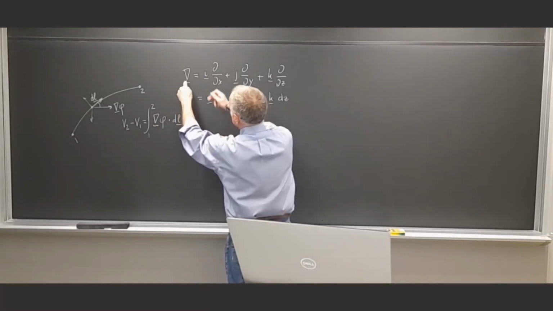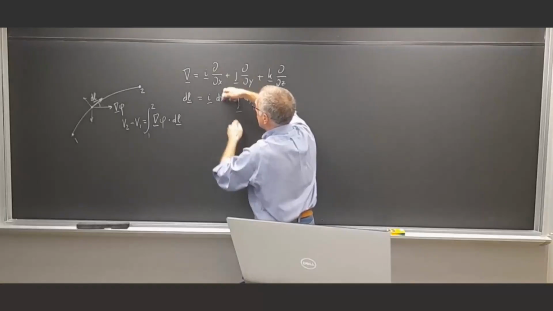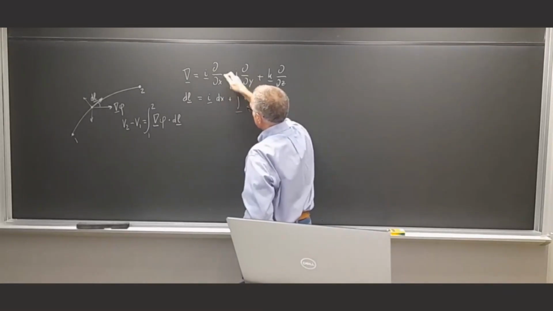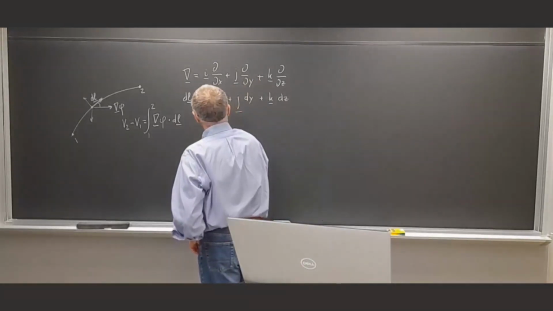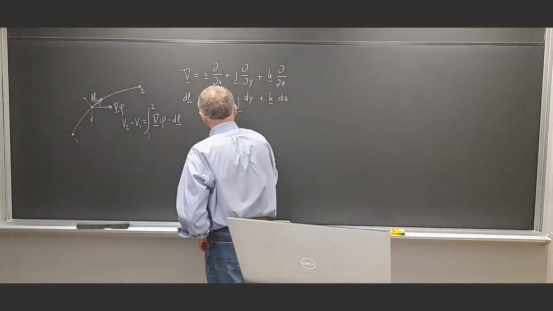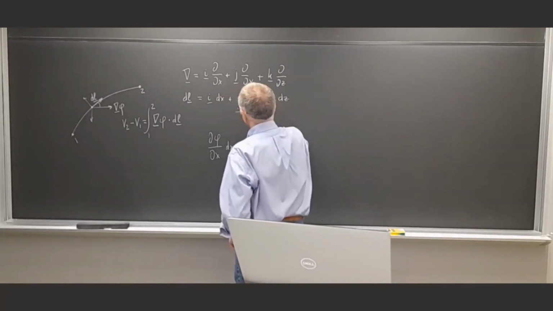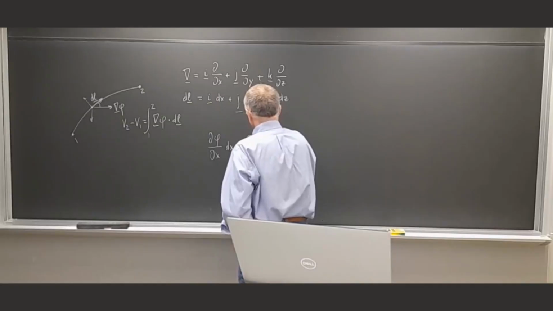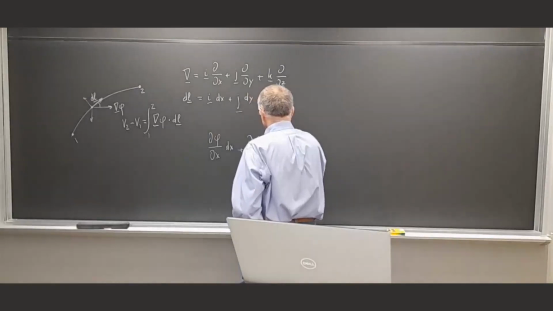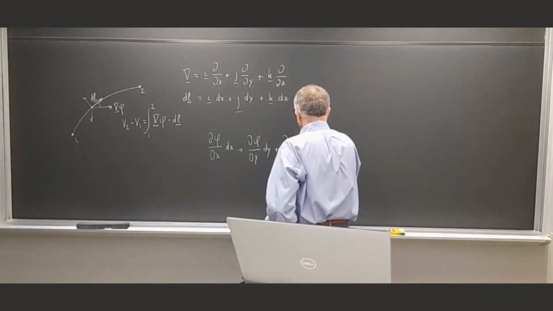When you do the dot product of two vectors, you get the multiplication of these two components: the derivative of phi with respect to x times dx, plus the derivative of phi with respect to y times dy, and z.